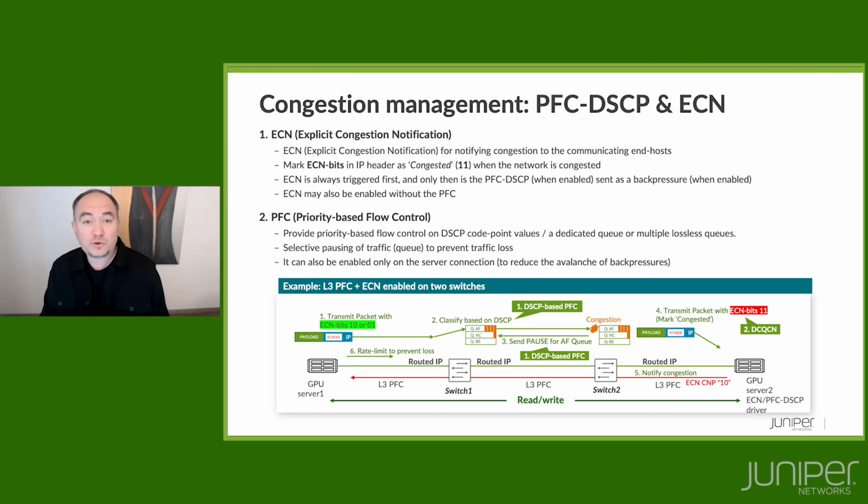The partition key is also part of the information, so the originating server knows exactly on which session it needs to reduce the rate in order to prevent congestion inside the network.